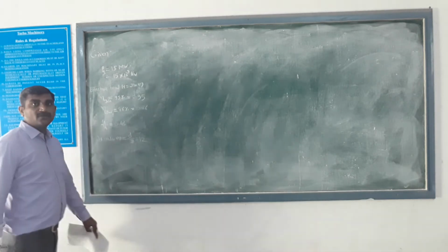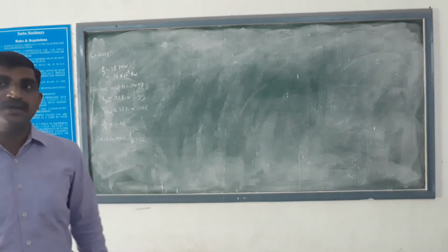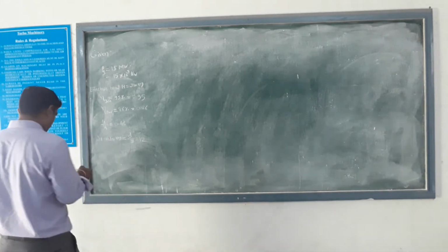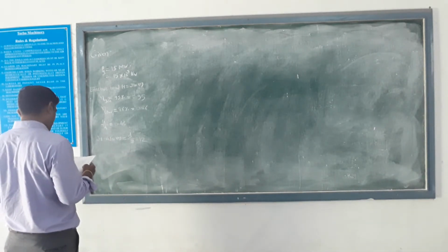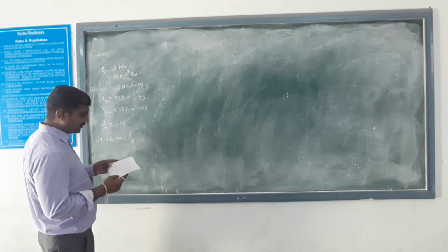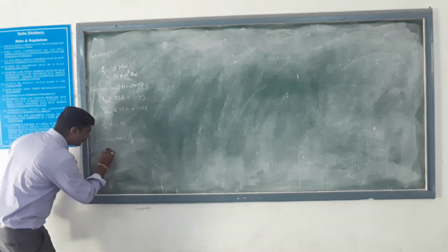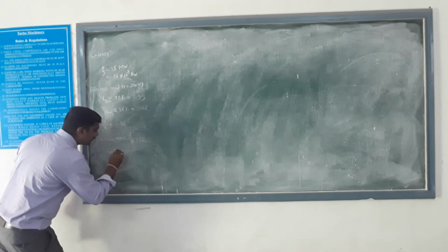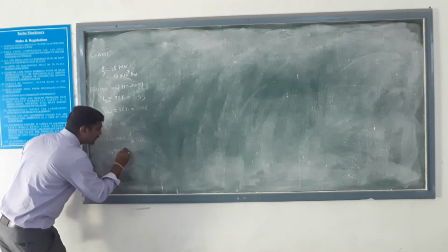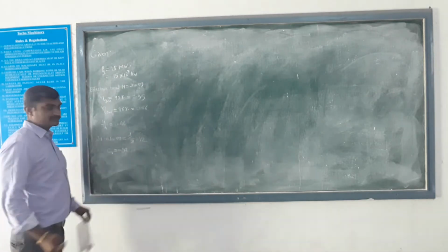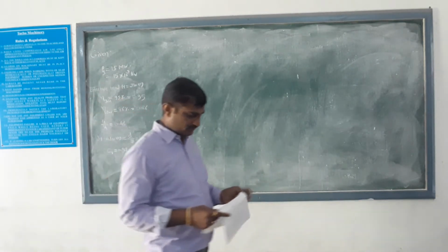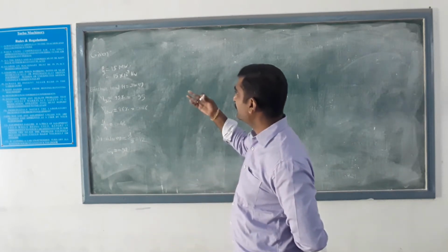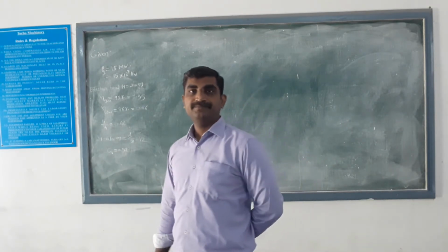Jet diameter to runner diameter is called the jet ratio. Also given, nozzle velocity coefficient Cv is 0.98. So these data are given in our problem.